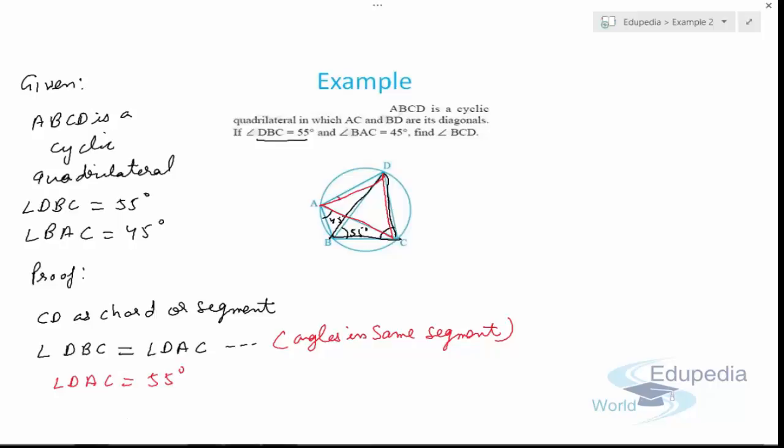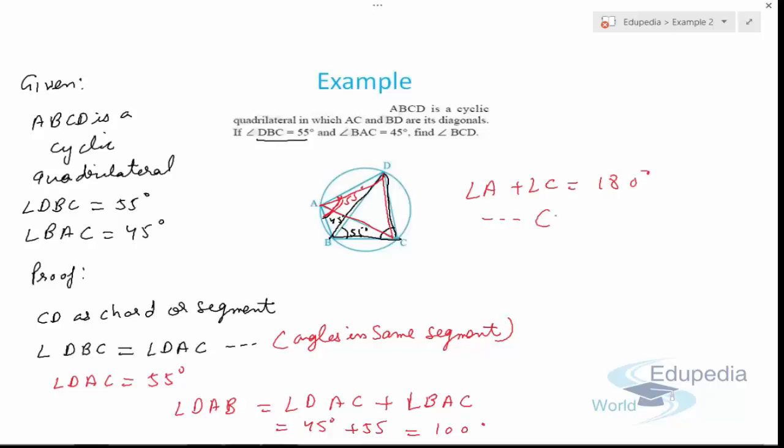So this is 55. So we can say that this complete angle DAB will be equal to angle DAC plus angle BAC, right? So it will be 45 plus 55, so it is 100 now. Now since it's a cyclic quadrilateral, the sum of opposite angles is 180 degrees. So we can say that angle A plus angle C equals 180 degrees.